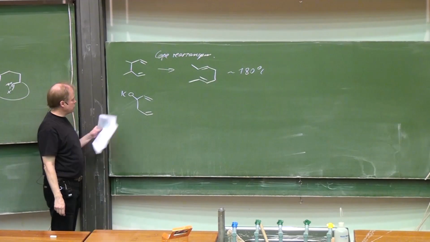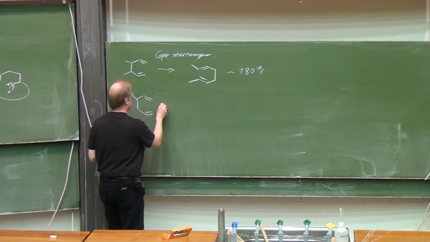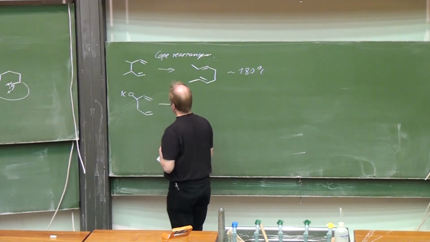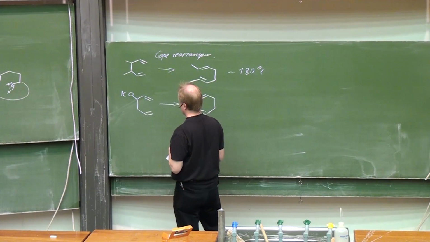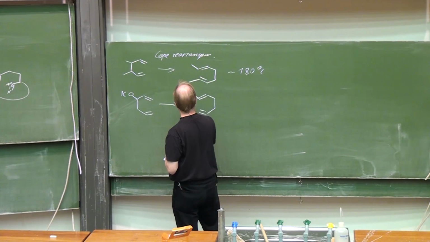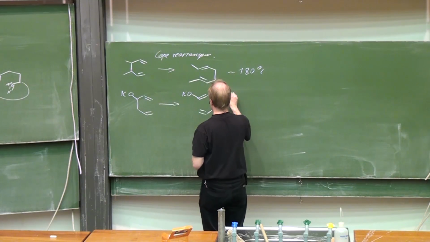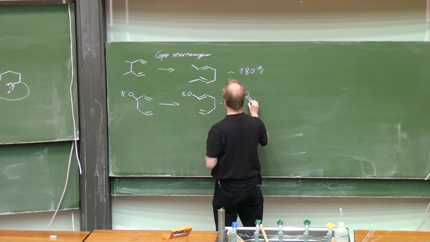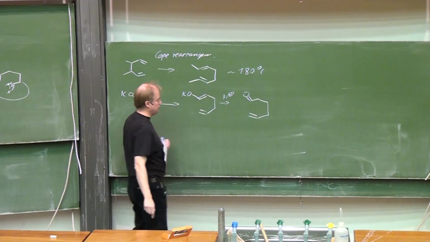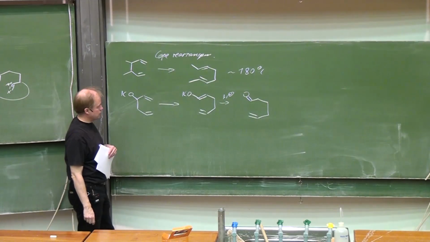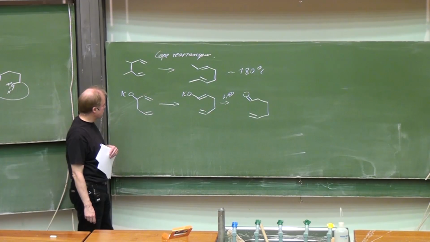And such potassium alcoholates, or also lithium alcoholates, they also undergo that Cope rearrangement, finally leading to these structures, delta epsilon unsaturated carbonyl compounds.